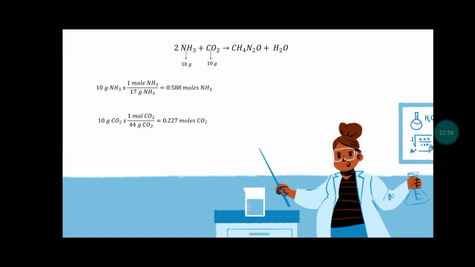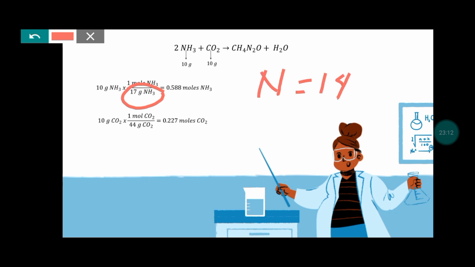So, 10 gram of ammonia, i-convert muna natin siya sa moles niya using yung molar mass ng ammonia, di ba? Ang N is 14 and ang H natin is 3. So, 17 gram of ammonia and magkakaroon tayo ng 0.588 moles of ammonia. And then, the same thing dun sa carbon dioxide natin, 10 gram of carbon dioxide.